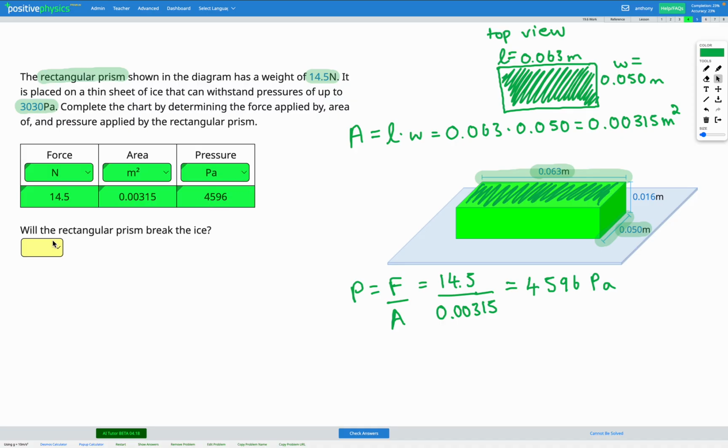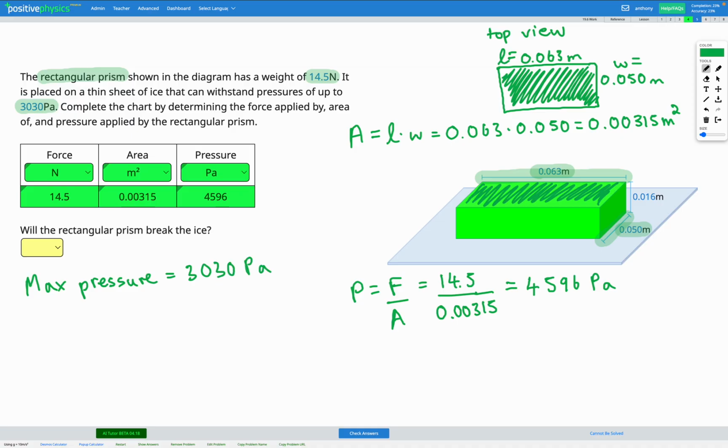Finally, we're asked, will the rectangular prism break the ice? Now we're told in the question, the thin sheet of ice can withstand pressures of up to 3,030 pascals. So max pressure it can withstand is 3,030 pascals.